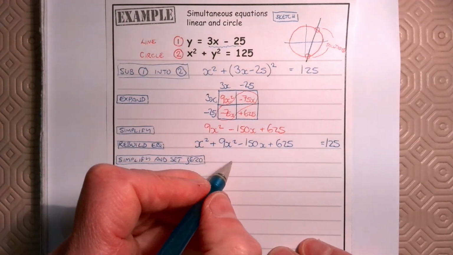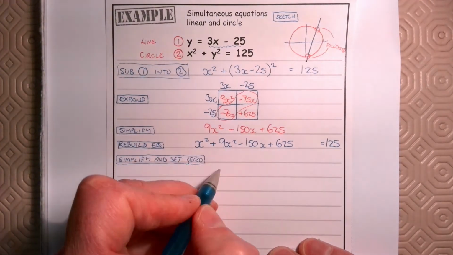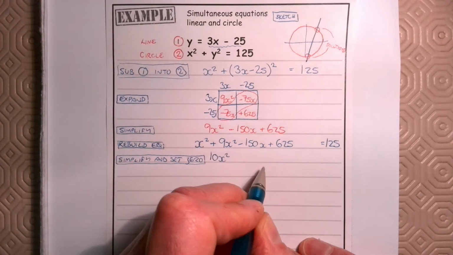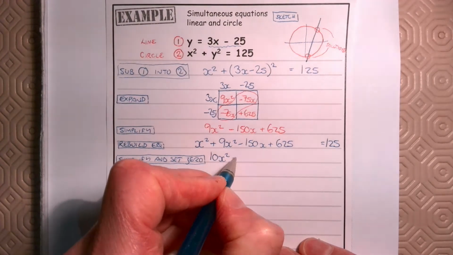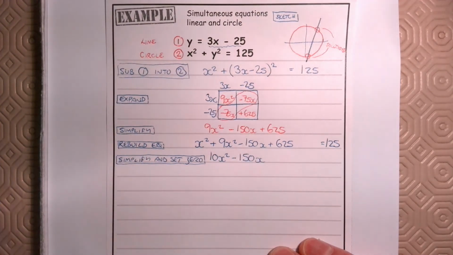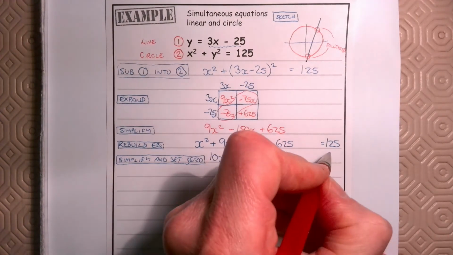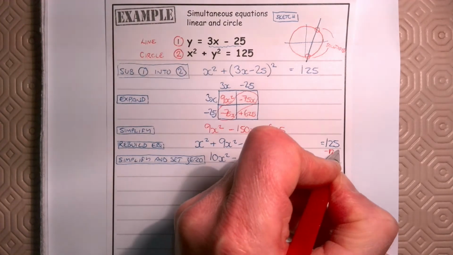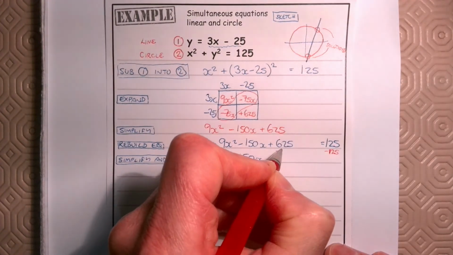So we are going to have x squared and 9x squared is 10x squared. Take away 150x. Now I've got 125 here, so I want to take that away from both sides.